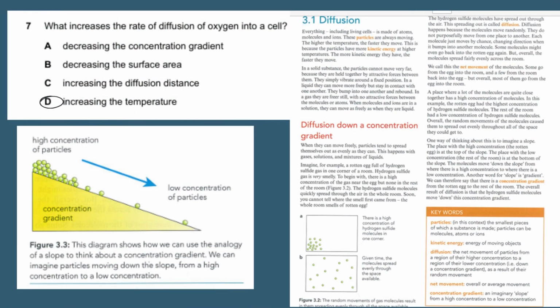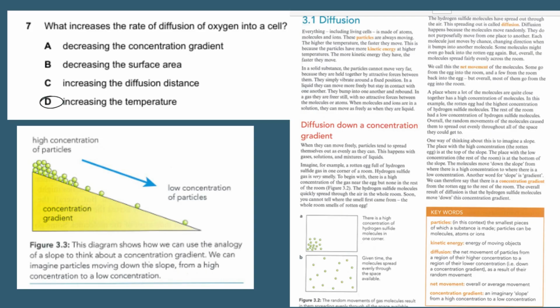Right. Question number 7. What increases the rate of diffusion of oxygen into a cell? It's asking for the reason the rate of diffusion of oxygen into a cell increases. First of all, we have to remember the meaning of diffusion. Very simply, diffusion is the movement of particles from high concentration to lower concentration.